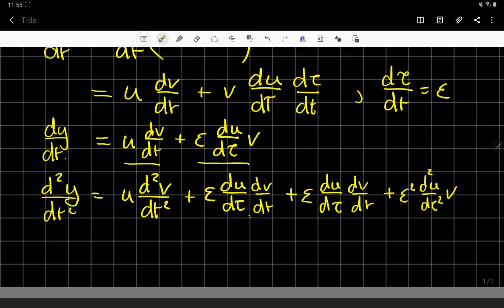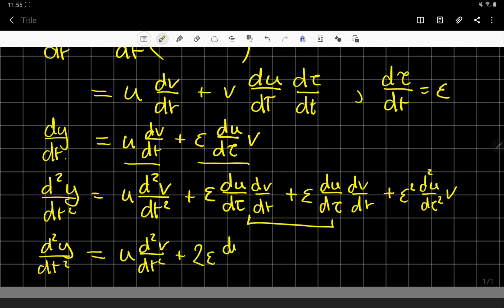And I can combine these two terms. So d2y/dt squared, that's going to be u d2v/dt squared plus 2 epsilon du/d tau dv/dt plus epsilon squared d2u/d tau squared times v.